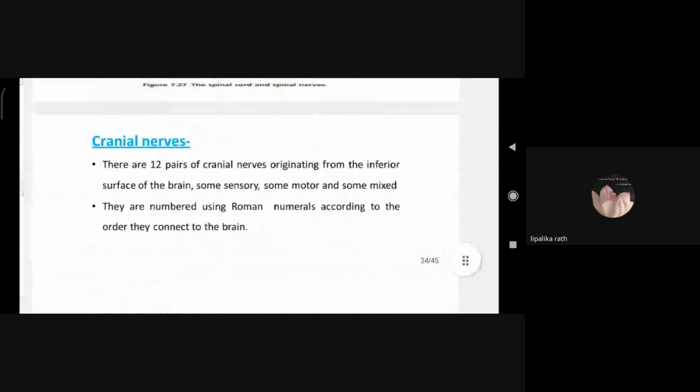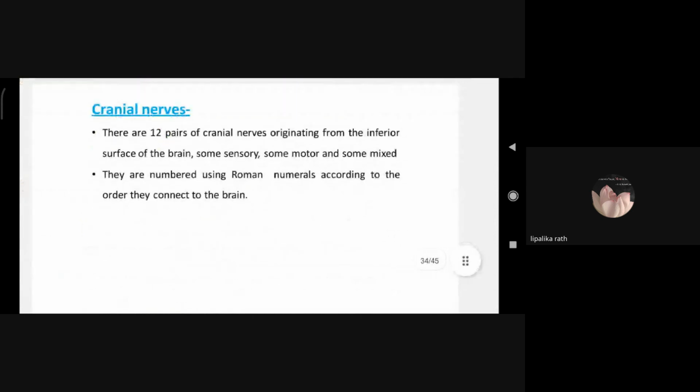Okay. Now cranial nerves. There are 12 pairs of cranial nerves originating from the inferior surface of the brain, some sensory, some motor, and some mixed. They are numbered using Roman numerals according to the order they connect to the brain.